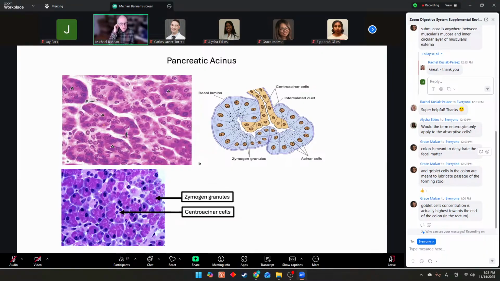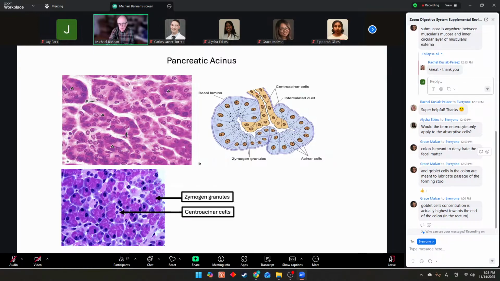And here's a little illustration of how we get the central acinar cell in the middle of the pancreatic acini. If you look at the drawing on the right, this shows the relationship of the pancreatic acini. The acinar cells are labeled light blue in this drawing, with the yellow labeled duct cells of the pancreas. So this would be the intercalated duct.